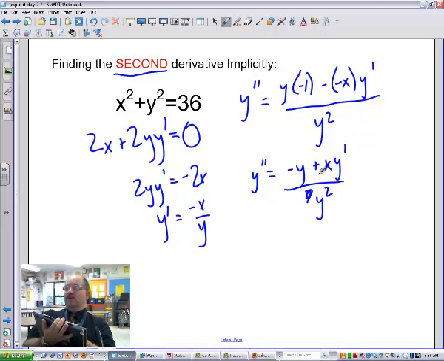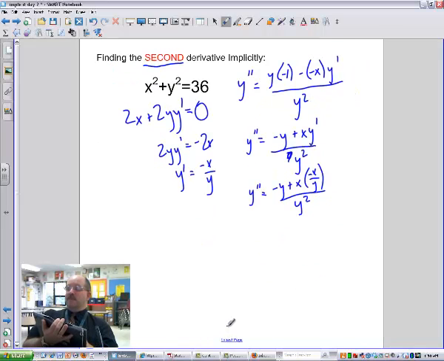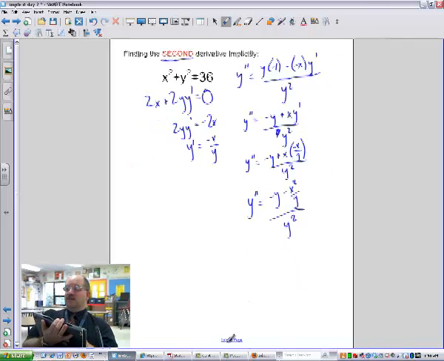I know what y prime is, right? So y double prime equals negative y plus x times negative x over y, all over y squared, right? Okay, and so then I've got y double prime equals negative y minus x squared over y, all over y squared, and I want a common denominator, so I'm going to go over this way.